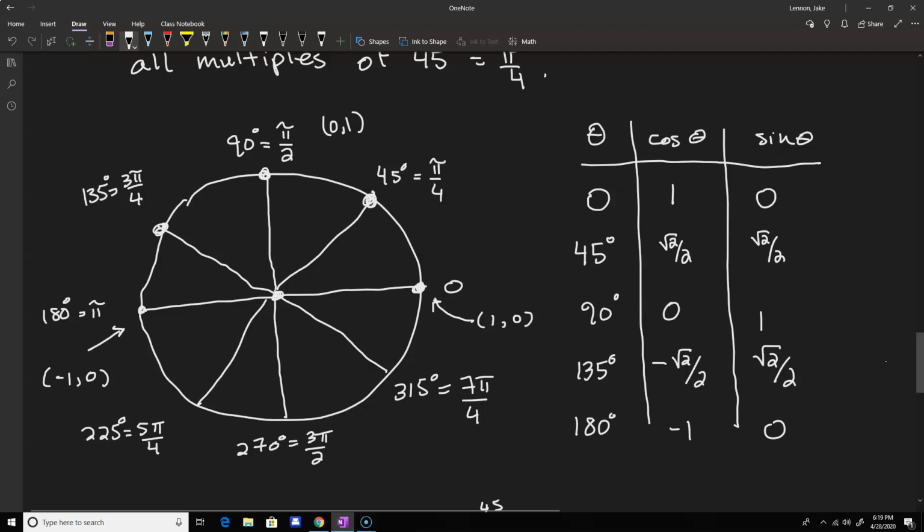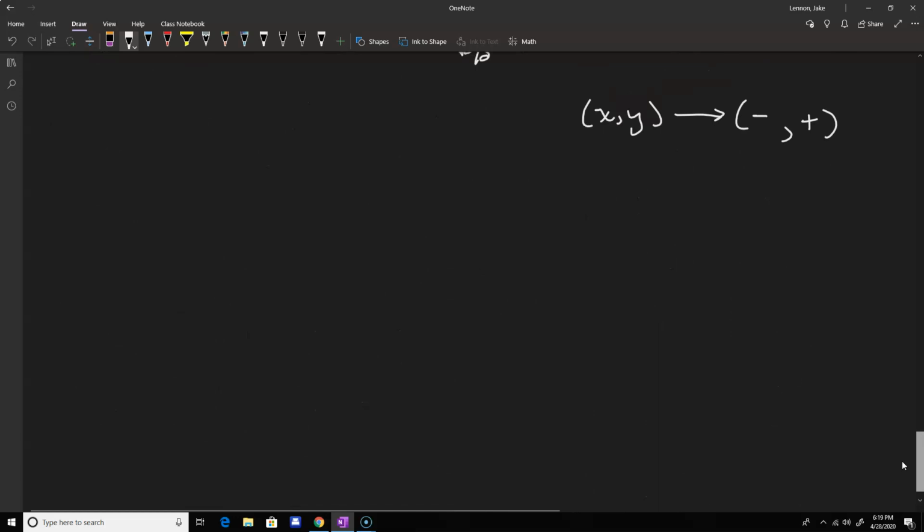Okay, so how about if we move to multiples of 30 degrees? So let's go ahead and do that. I wrote down the multiples in terms of radian measure as well.